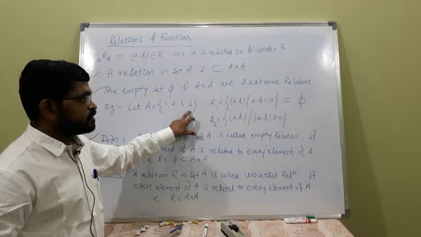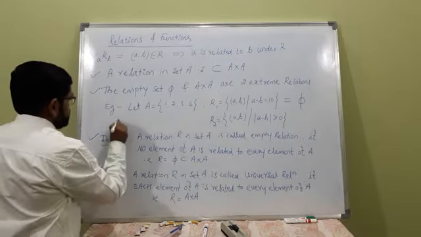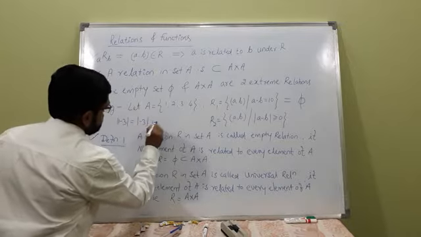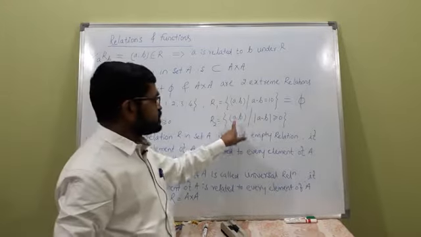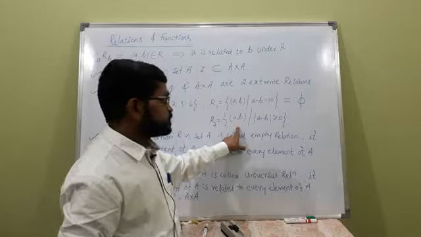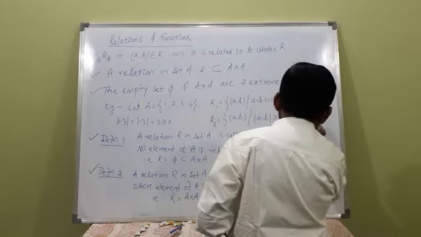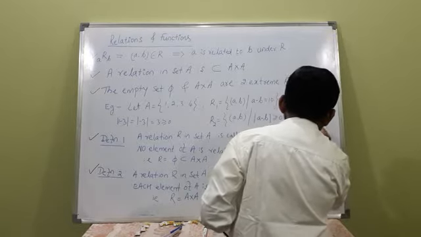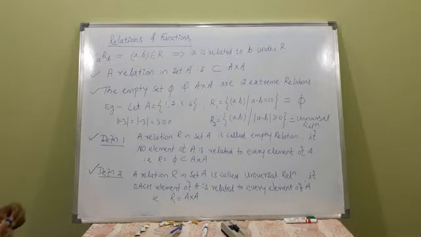For 1 and 4, 1 minus 4 is minus 3, under modulus 3, which is non-negative. This is true for each and every element of A. So this is the universal relation. Let us consider plenty of examples while solving the exercise part.